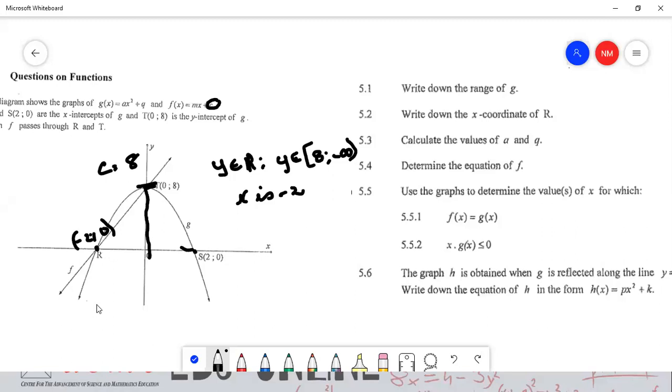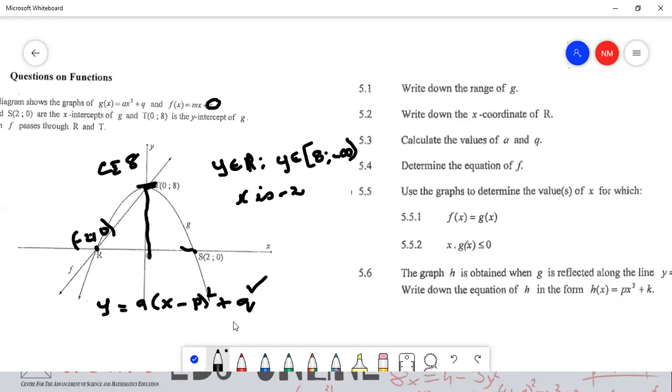Now we found this value and that value. So we can use y equal to a into (x minus p) all squared plus q. So the value of c is the same as the value of q.